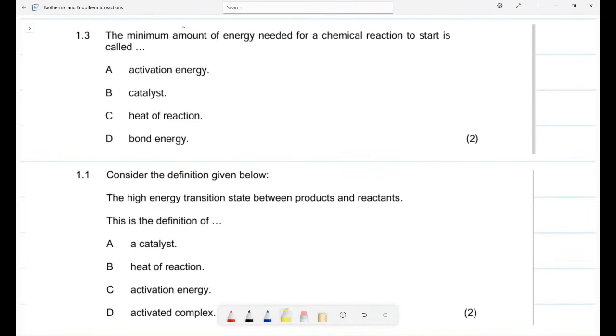The minimum energy needed for a chemical reaction to start is called what? Activation energy. Remember, a catalyst just speeds up the reaction. Heat of reaction is the energy that is released or absorbed in a reaction. Bond energy, no. So A is the correct answer.